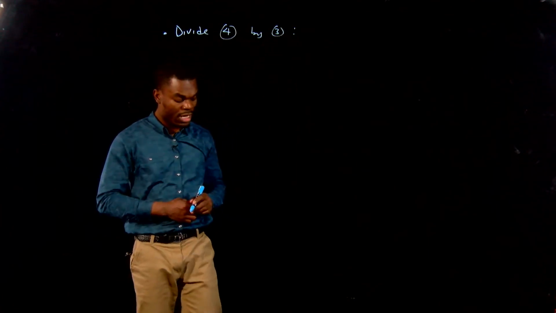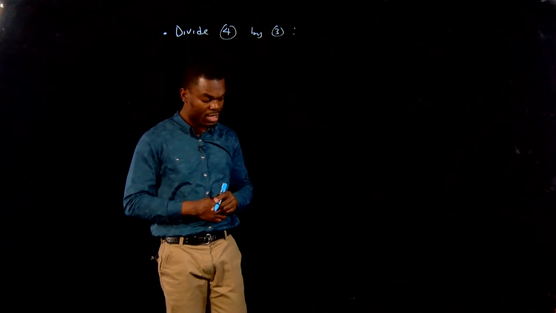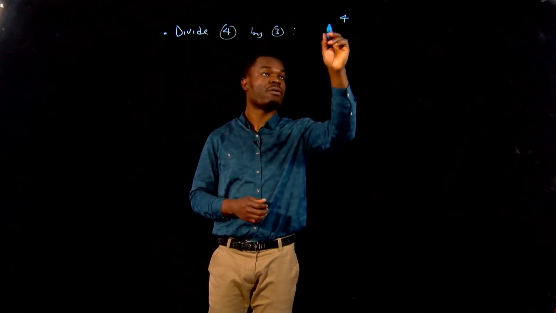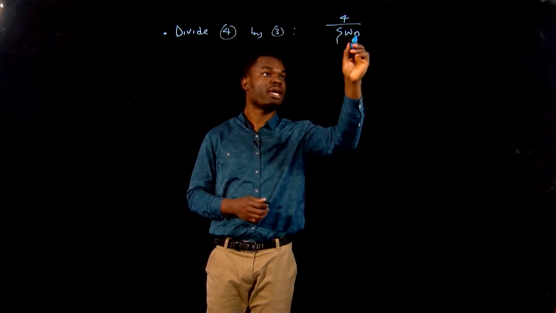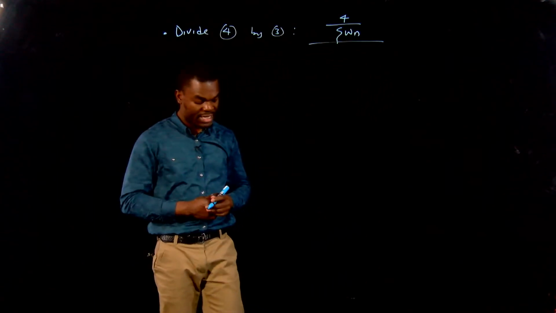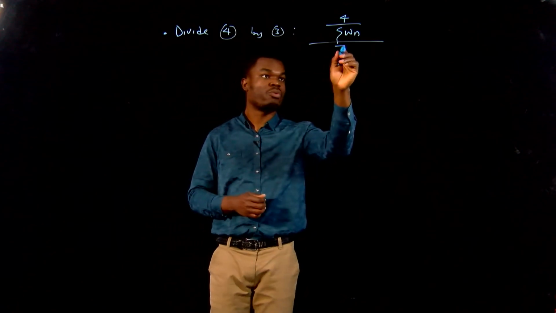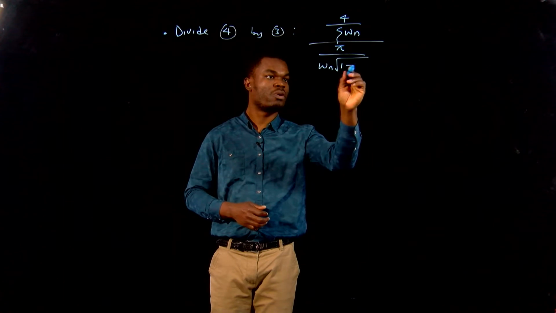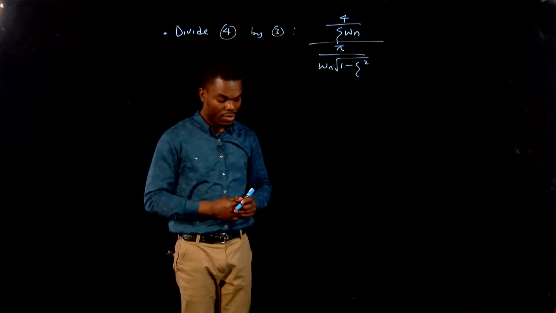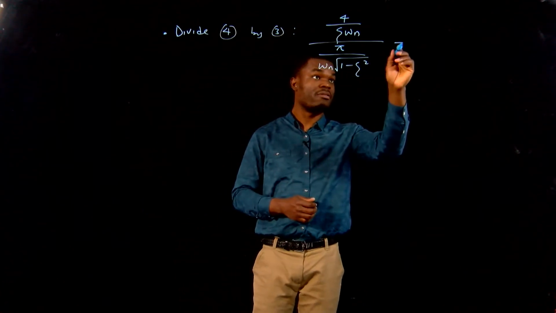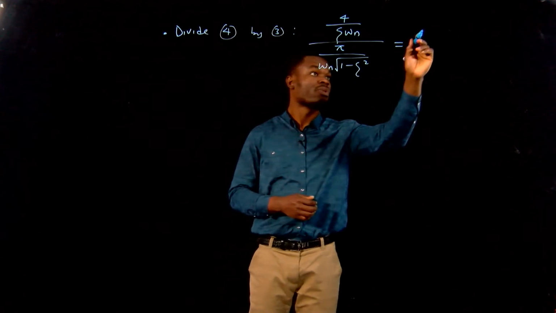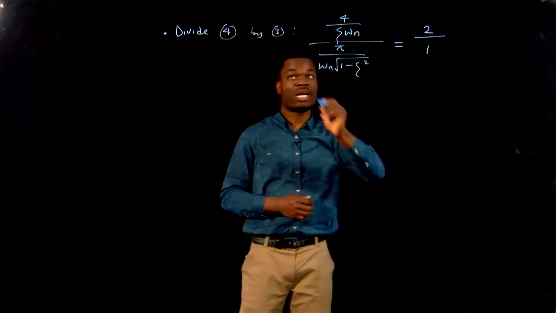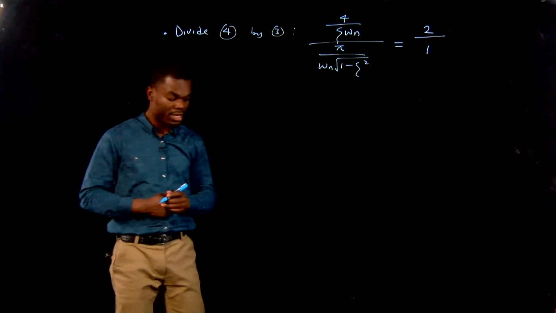Of course, the right-hand side of equation 4 is 4 over zeta omega n, all divided by the right-hand side of equation 3, which is pi over omega n times the square root of 1 minus zeta squared. And the left-hand side of equation 4 is 2, and the left-hand side of equation 3 is 1.